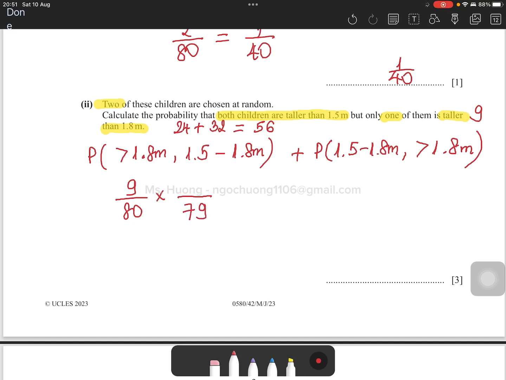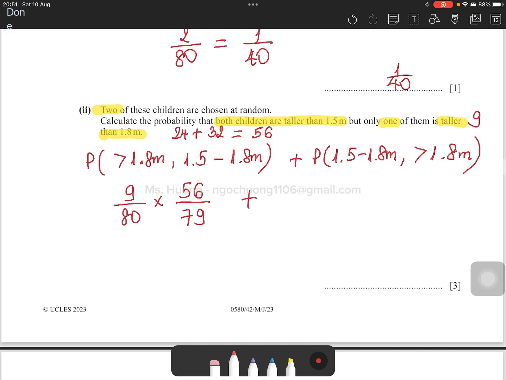And in these 79 students, only 56 students are from 1.5 to 1.8 meters. Or we can say that there are 56 out of 80 children from 1.5 to 1.8 meters. And after picking the student, we have 79 children left, and 9 out of them are taller than 1.8 meters.